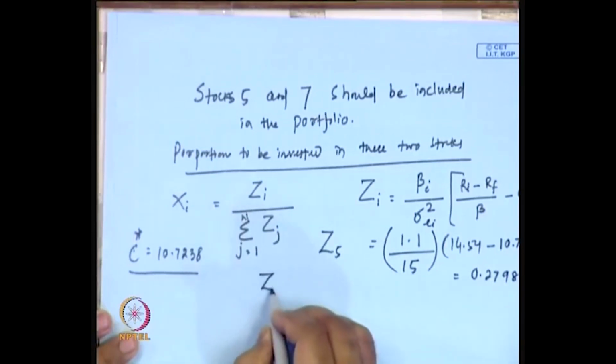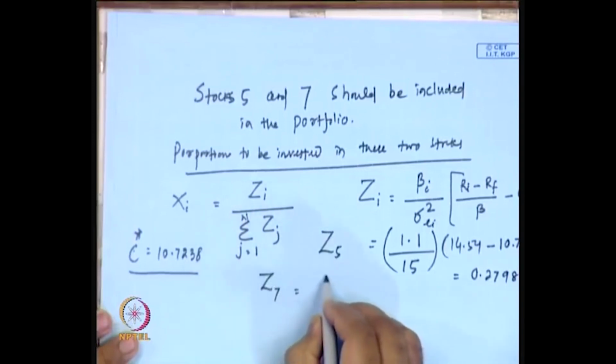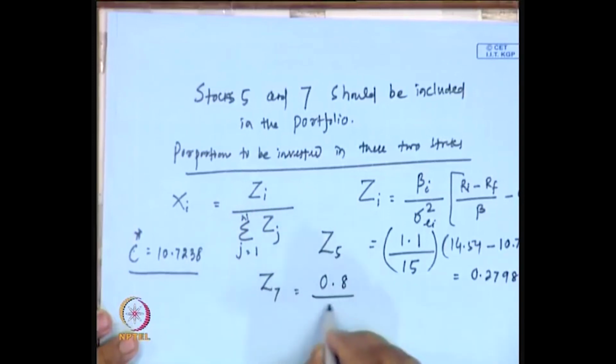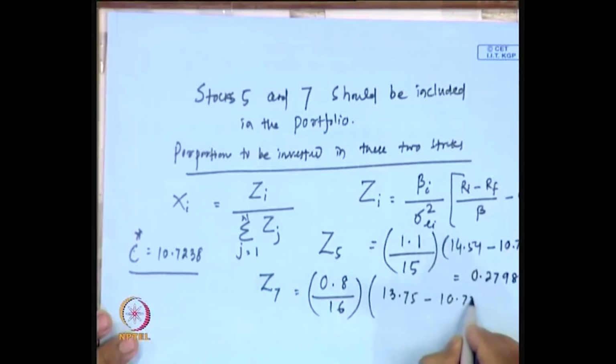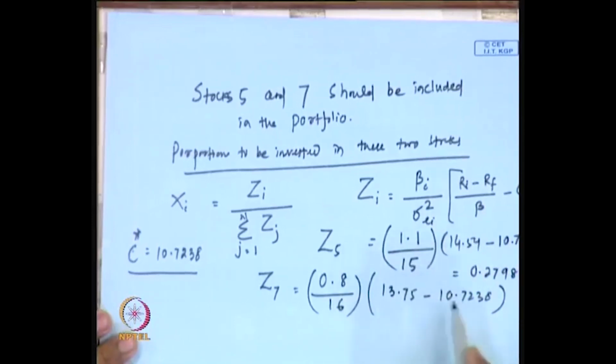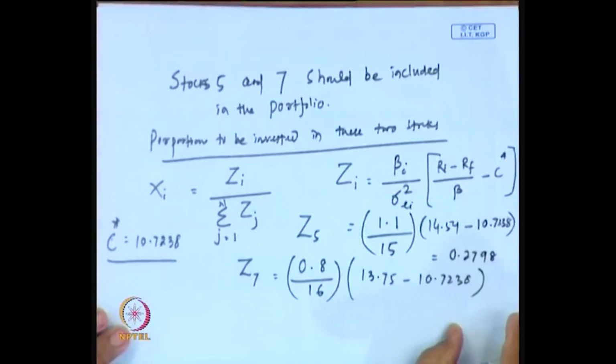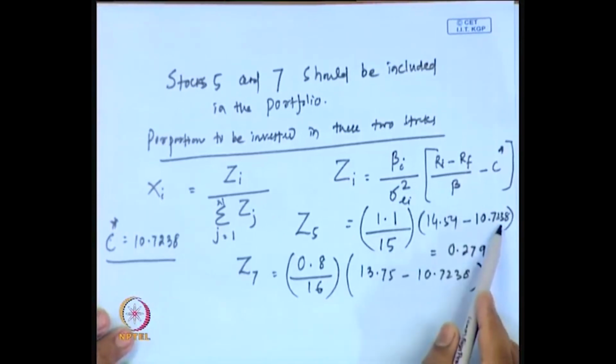Then you can calculate your Z7, where beta is 0.8 divided by 16, which is the unsystematic risk, then it will be 13.75 minus 10.7238. Remember, whenever the proportion is calculated from the excess return to beta ratio, we have to deduct the maximum cutoff rate from there.